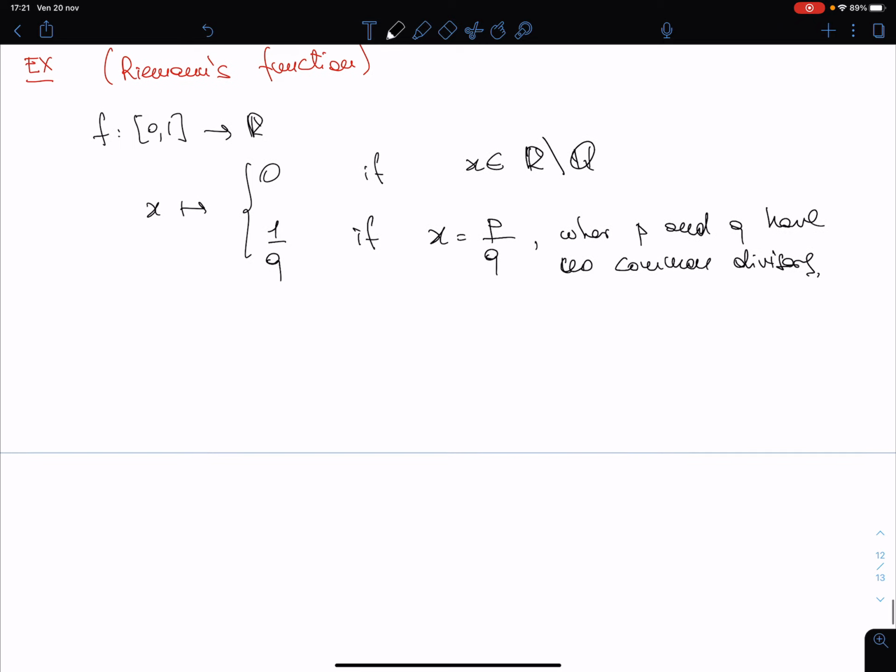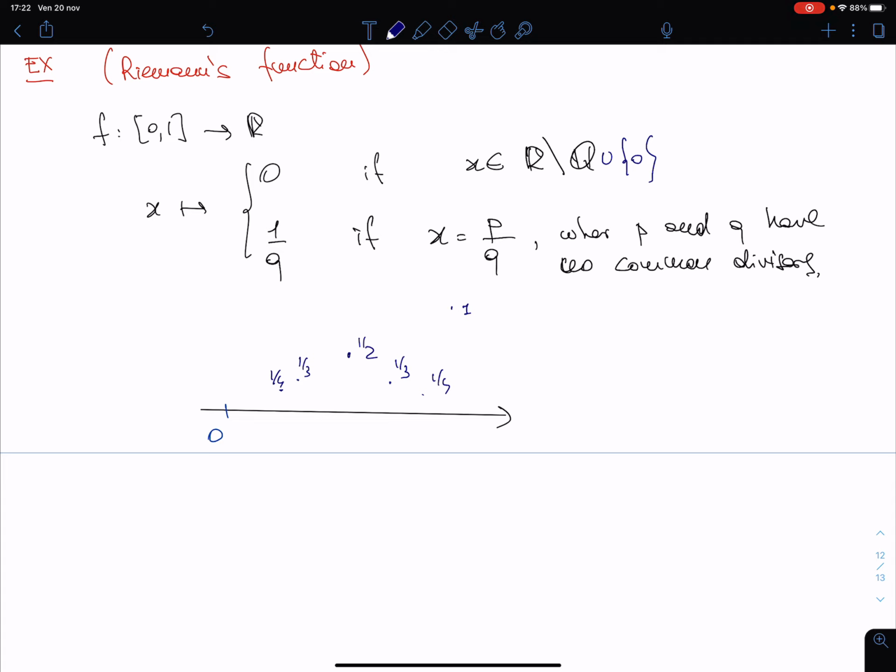And this is quite a funny function because, so let us look. It is 0 at 0, we can also add 0 here, and 1 at 1. Then it is 1/2 at 1/2, 1/3 at 1/3, 1/3 at 2/3, 1/4 at 1/4, and 1/4 at 3/4, and so on and so on.